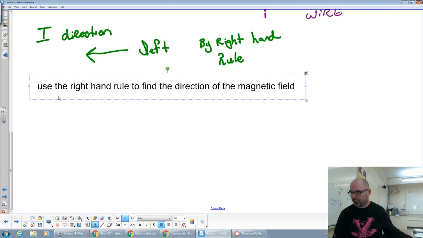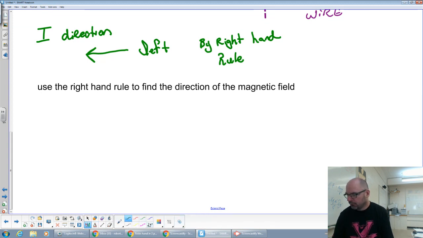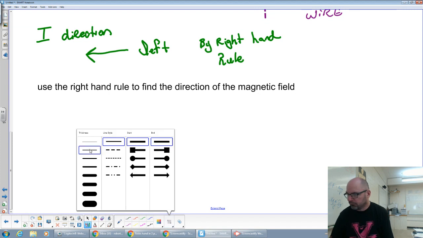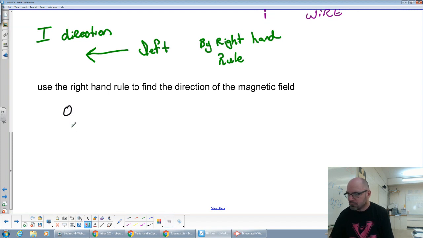So let's say that this time we have a coil. Let's just draw a coil like this that we had before. Let's draw about 4 of these.